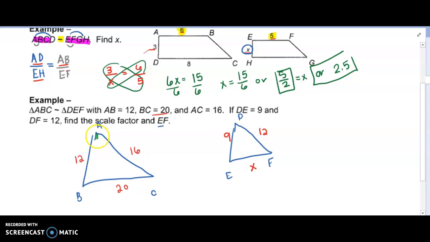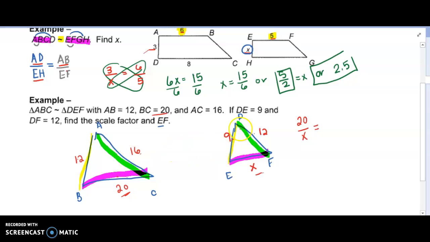So I'm going to highlight the corresponding sides. Those are corresponding, those are corresponding, and those are corresponding. Now I want to set up a proportion, or a fraction, to solve for x. Well, these are corresponding, so the 20 is to x as, and guys, it doesn't matter, I could use 12 and 9, or I could use 16 and 12.